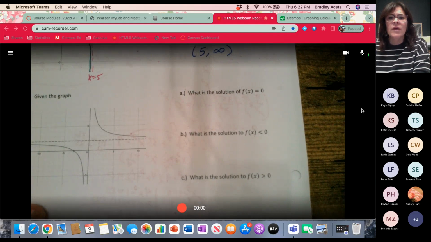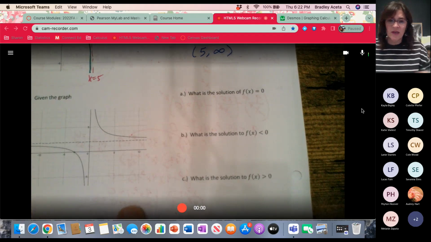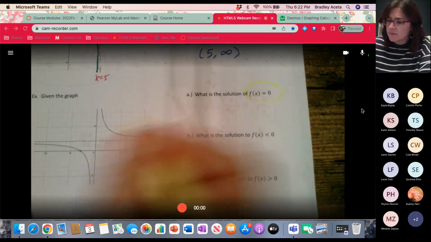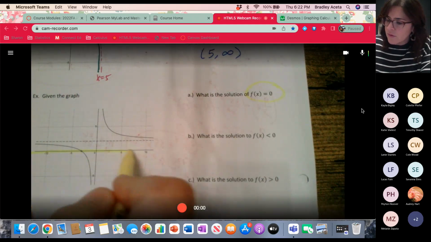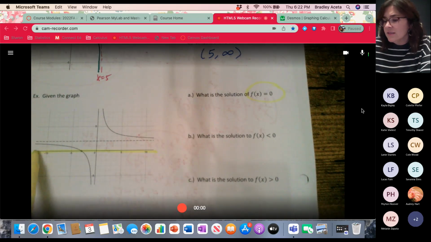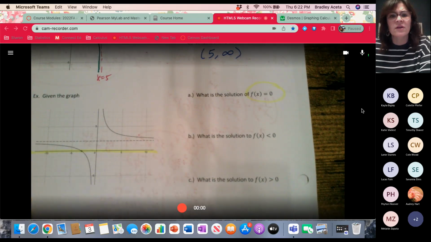All right, so what is the solution to f of x equals 0? So again, this is the line they're worried about right here. Even though they gave you in the picture another horizontal line, this is still the line that they're concerning themselves with, okay?